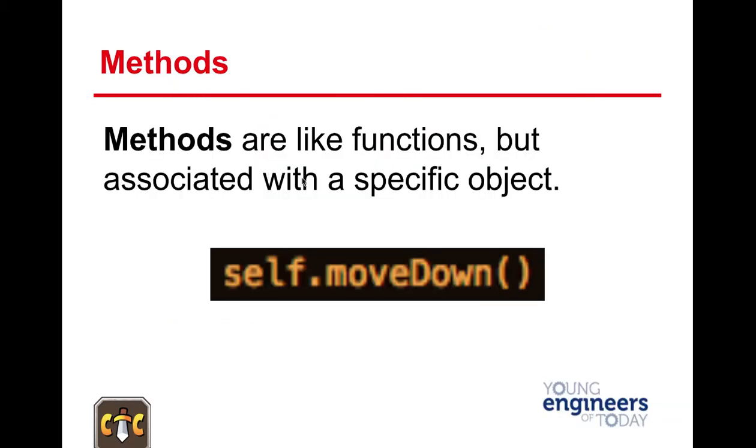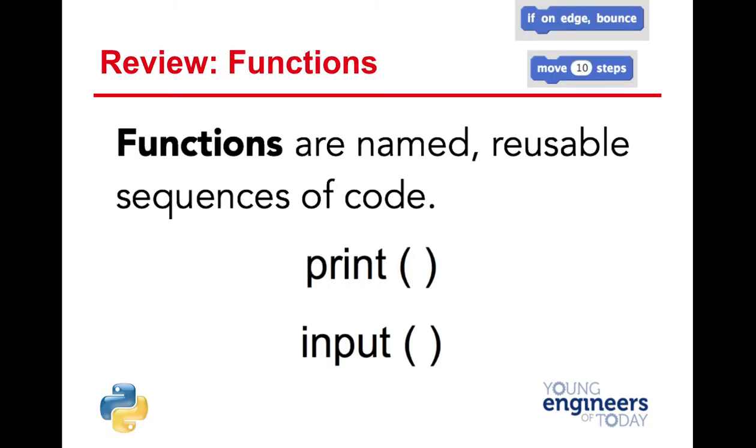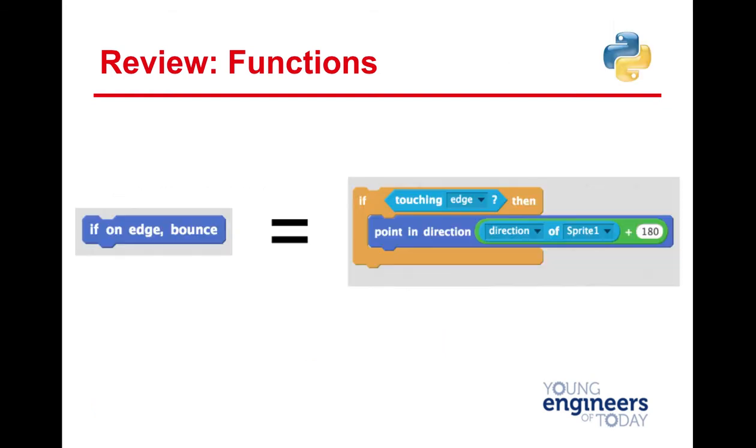So methods are like functions, but associated with a specific object. In the case of move down, with these parentheses, note the parentheses with the given method, the specific object is self. So that's similar to functions, and if you remember, functions are named reusable sequences of code. And the example that we went over last class was if on edge bounce.